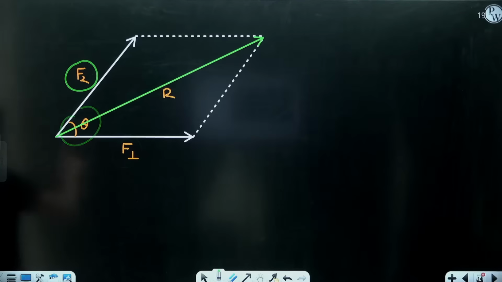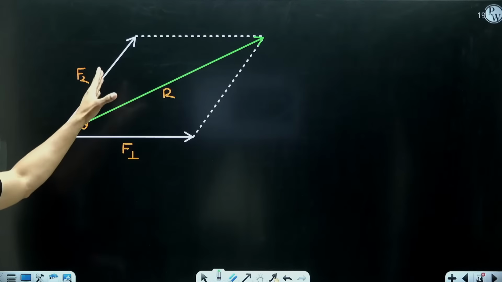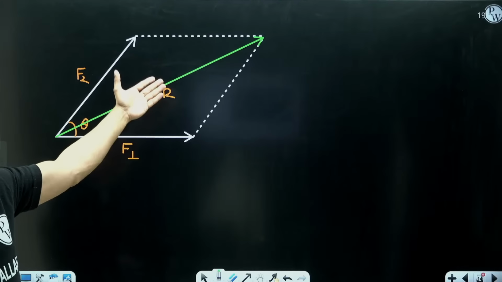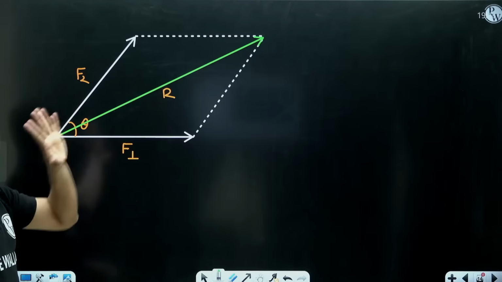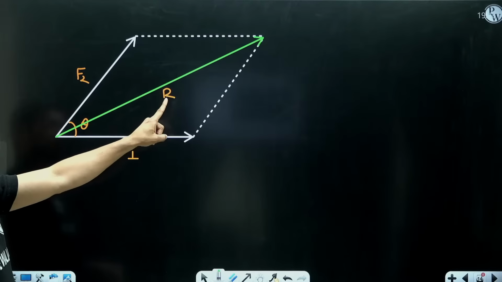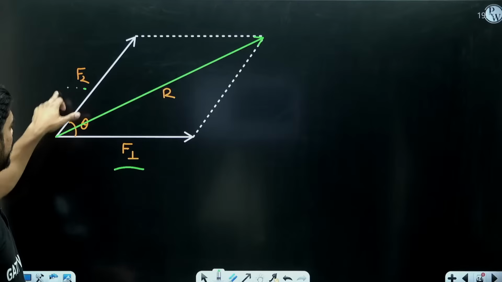I will also tell you the triangular law of addition of forces. Triangle law and parallelogram law, they are one and the same thing. Let's find out the formula of R in terms of F1, F2 and theta.